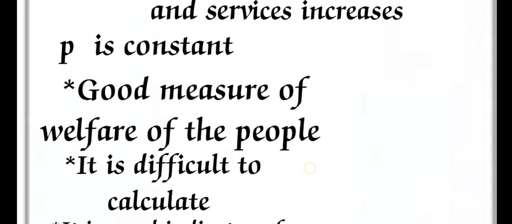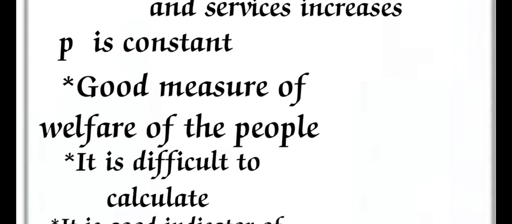According to constant prices we get the real GDP, so it is a very good measure of the welfare of the people. We are taking one base year and calculating our GDP as per that base year only.